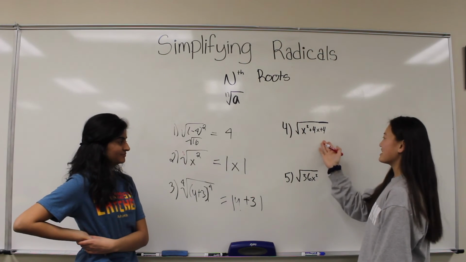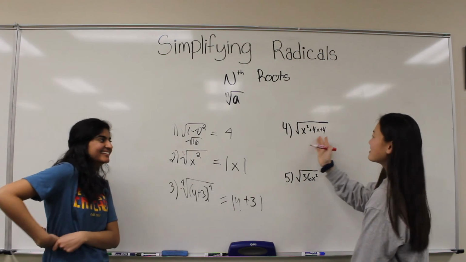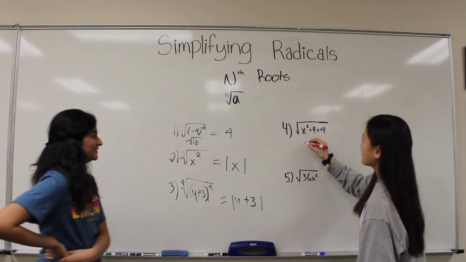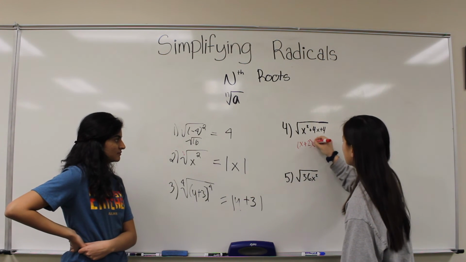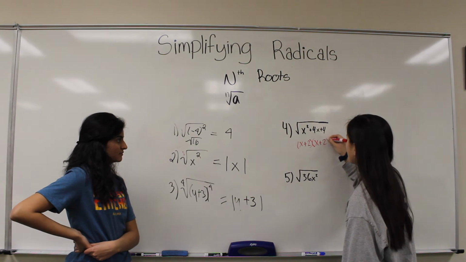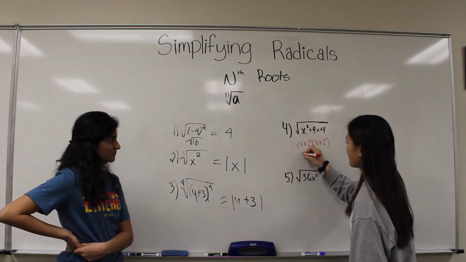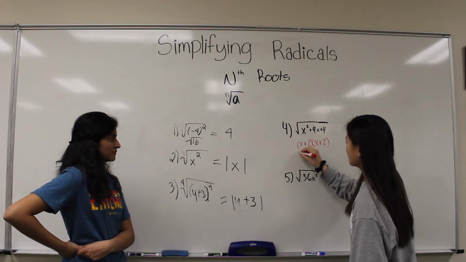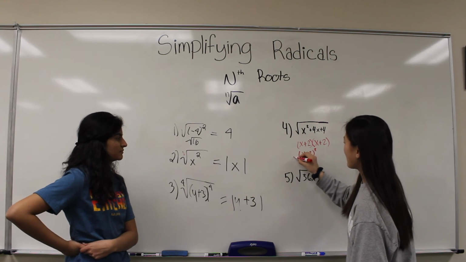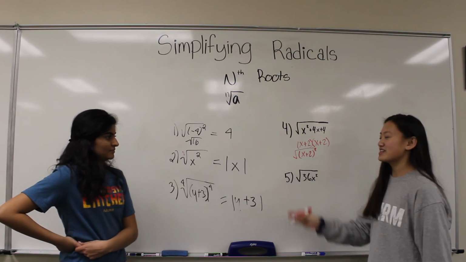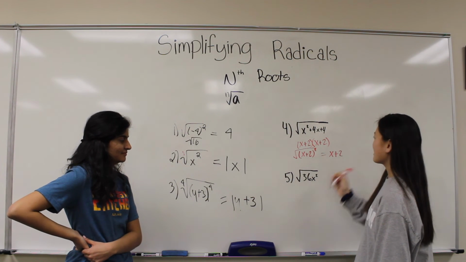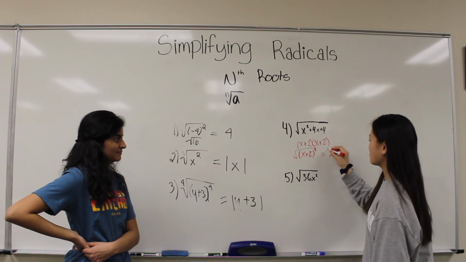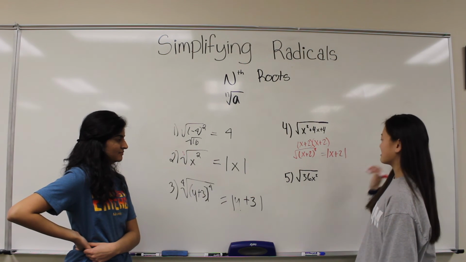Okay, well, from basic rules of factoring, we know that this is actually a perfect square, and it is x plus 2 times x plus 2, which can also be written as x plus 2 squared. So if we just put that in the radical, then we can cancel it out and it just equals x plus 2. And again, it's an even index, so we need to put absolute value signs to make sure it stays positive.